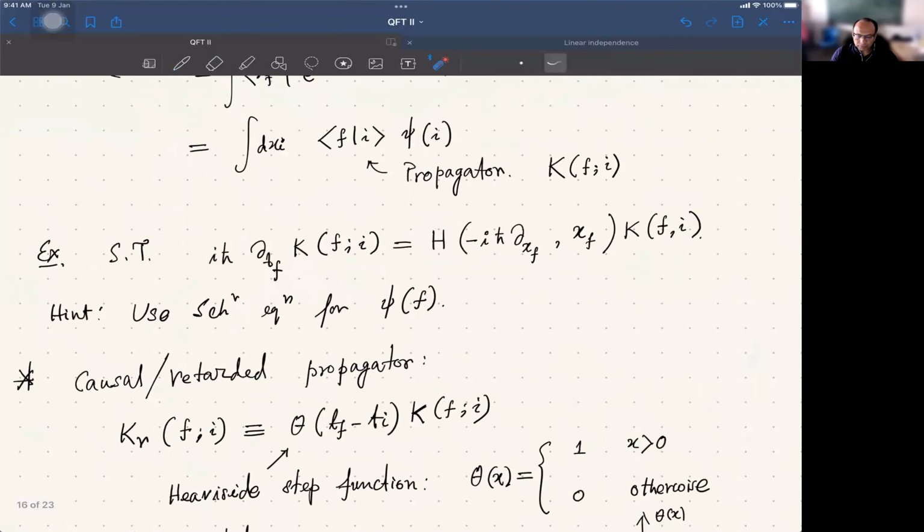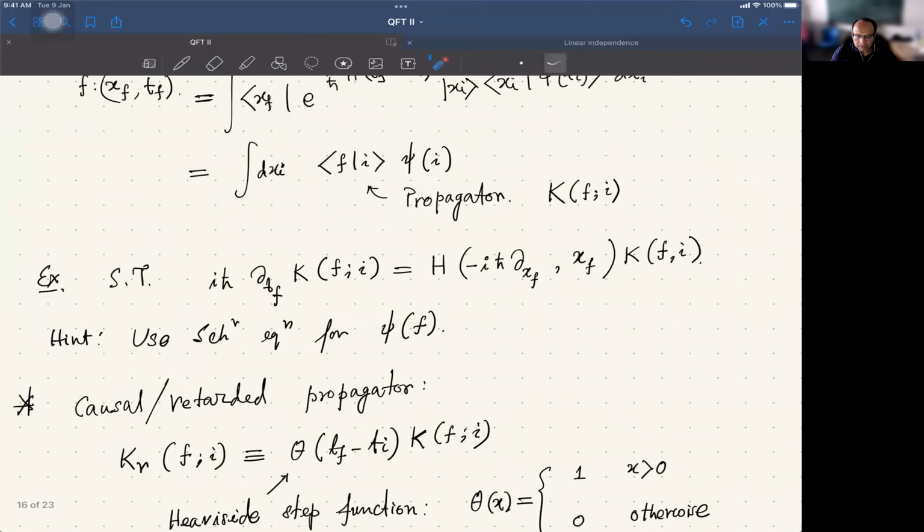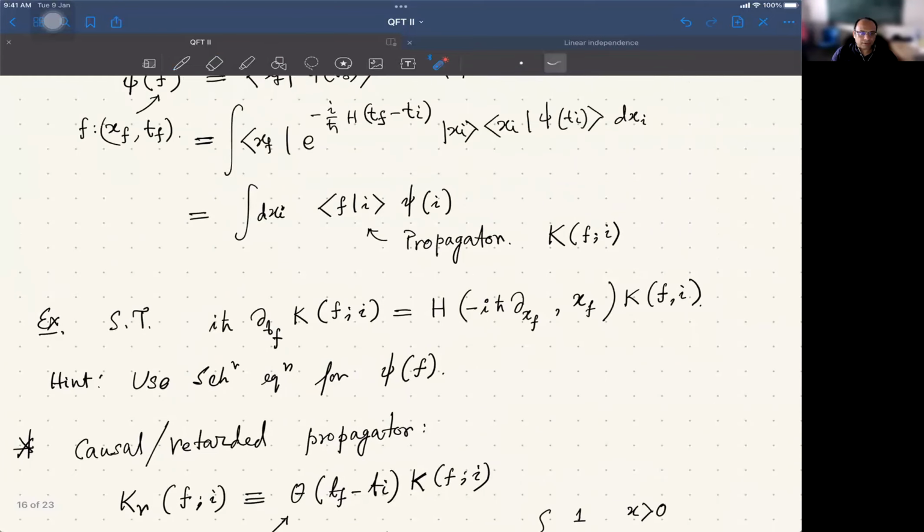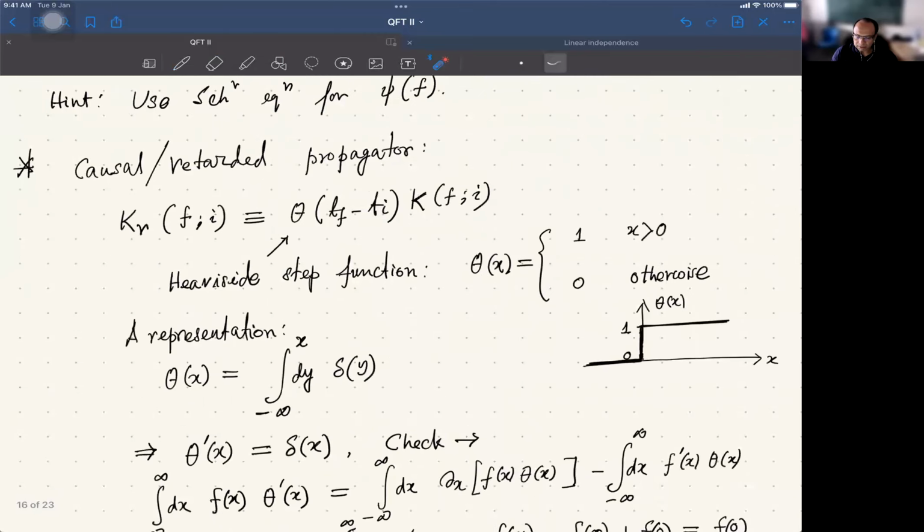For the original propagator, we know what the result was. It is i h bar del/del t_f acting on the propagator gives you the Hamiltonian times the propagator. What would be the difference if we consider the retarded propagator instead? That is what we are going to calculate, and the difference comes because now we have an extra theta function sitting in front.